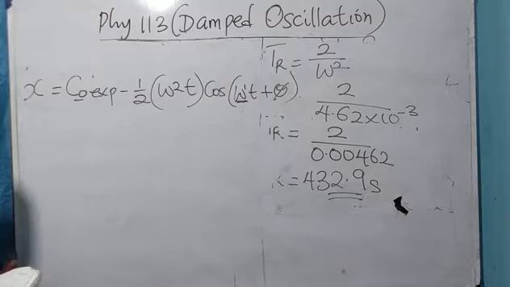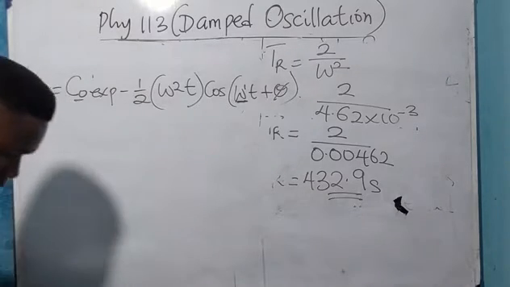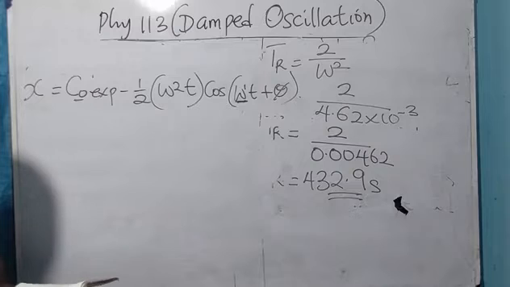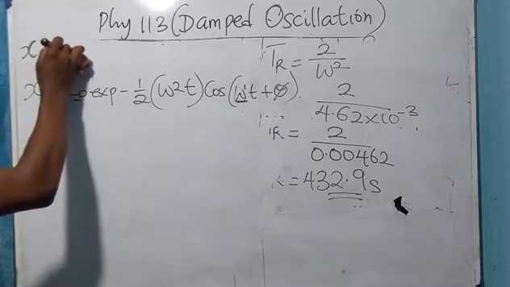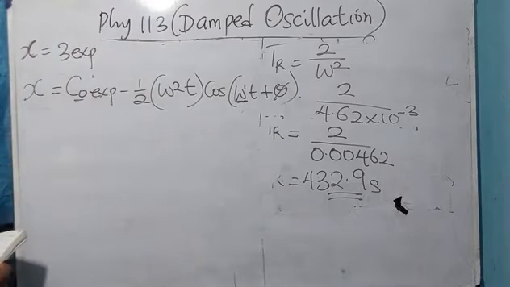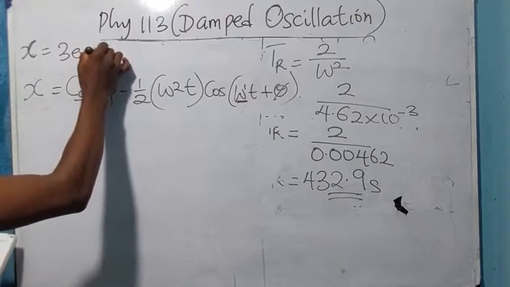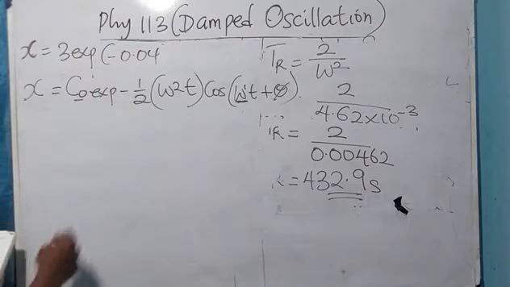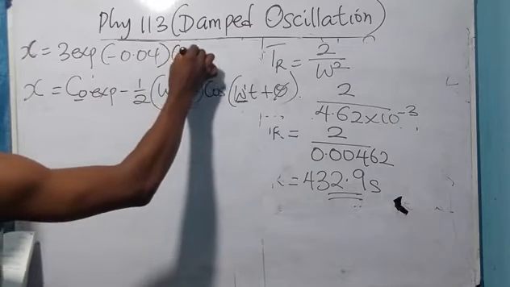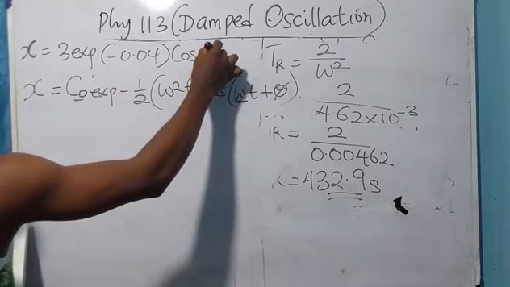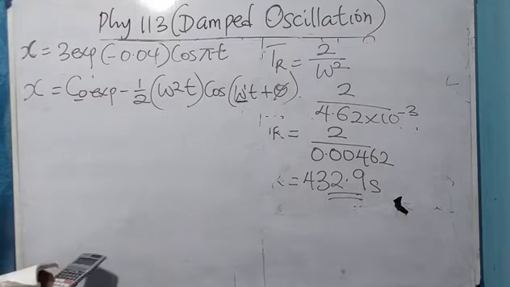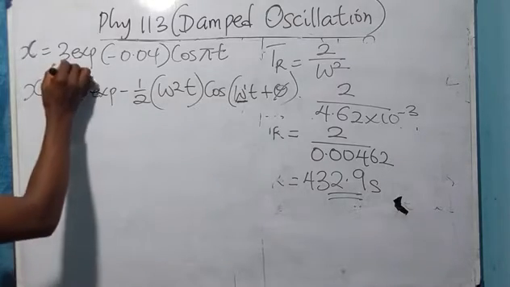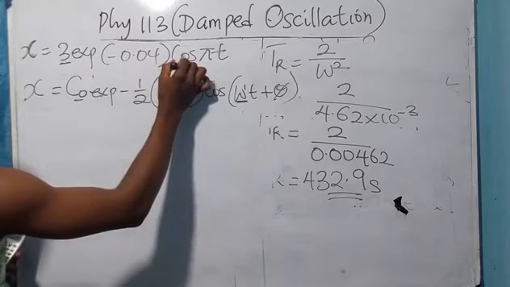The equation of a damped harmonic oscillation is given by x equals 3 exponent minus 0.04 t, then cos theta t. They said what is the nature of the oscillation. So we have to compare this to this.